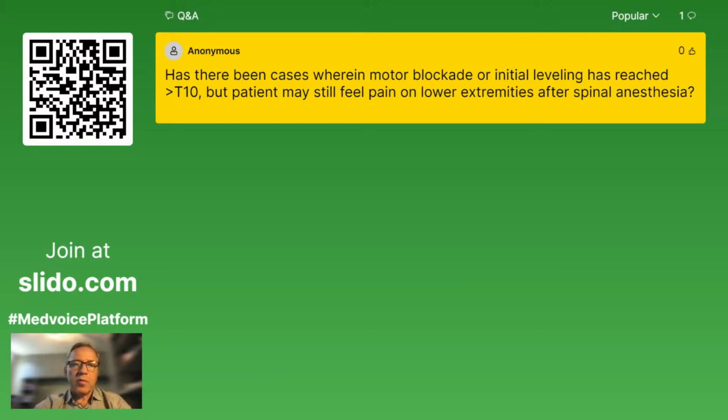If you have performed spinal epidural anesthesia, and it's the only anesthesia that you rely on, it will be prudent to check not only the height of the block, but also the lower part of the block, which is very easy. You just need to take some ice and run it along the back of the leg and along the foot, and you will know that your S segments are also blocked.